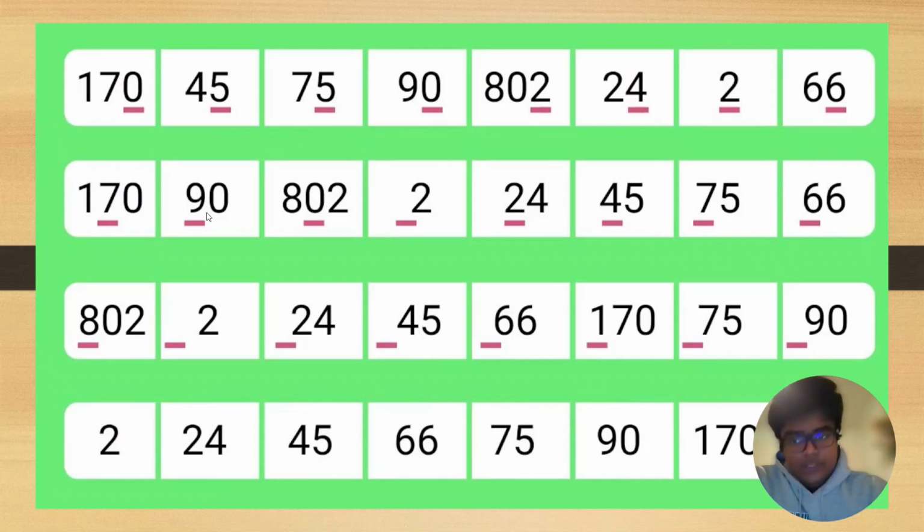After the units are sorted, it will apply the counting sort algorithm again on the tens digit. Some numbers might not have a tens digit, like 2 over here. There's no tens digit, so we consider it as 0, and then it will sort from there.